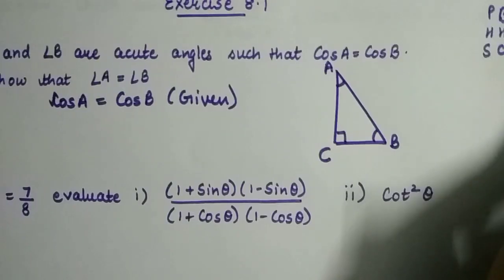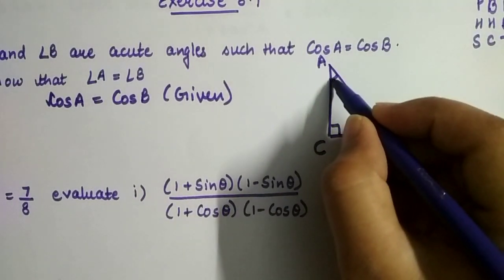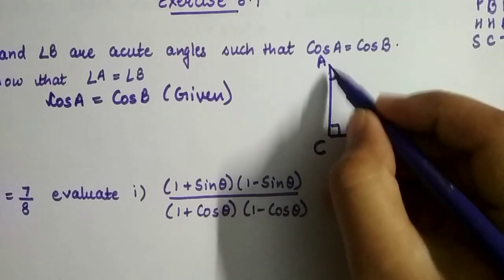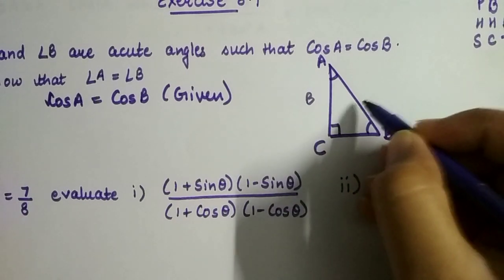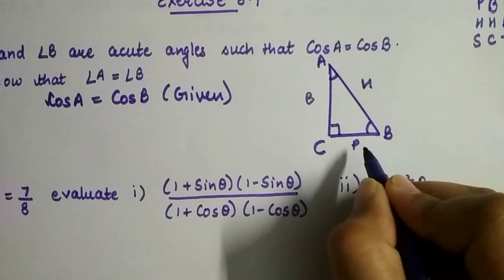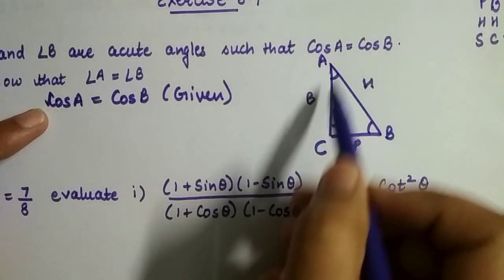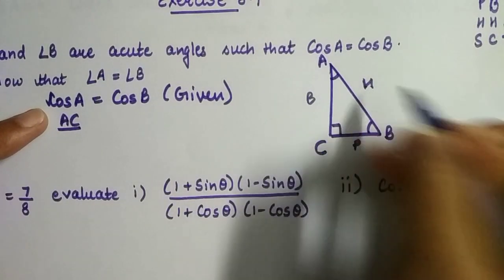So if we consider theta as angle A, then our base is AC, hypotenuse is AB, and perpendicular is BC. So for cos A, base is AC and hypotenuse is AB.